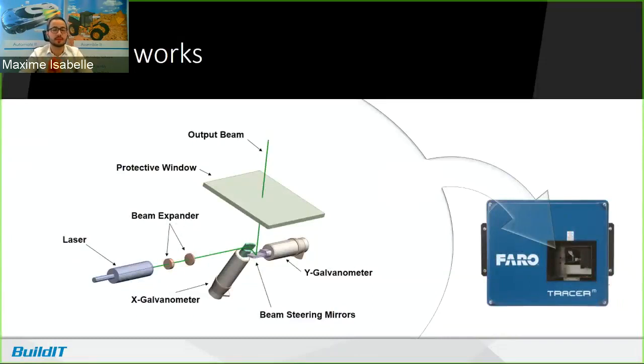How does it do those projections? Well, there's a laser that shoots the beam, which first bounces off 2 mirrors before exiting the machine. These 2 mirrors are mounted on galvanometers, and these galvanometers are able to steer the mirrors at very high speeds, high frequencies, so that the line moves so fast that it will go through the full pattern maybe 60 times a second.